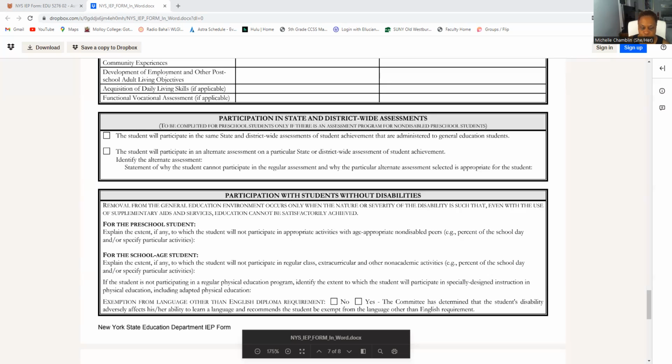Okay, so we have gone through the IEP form and an example.